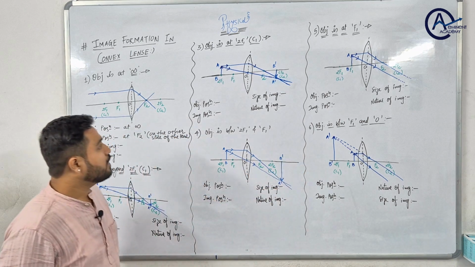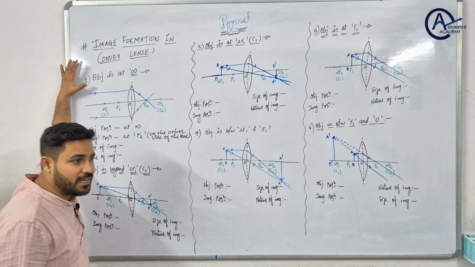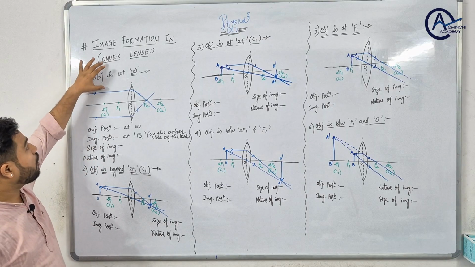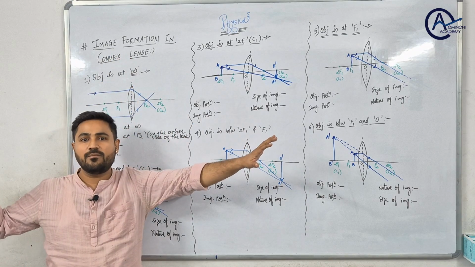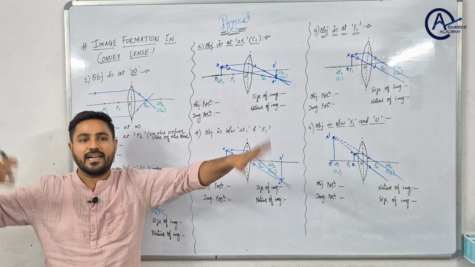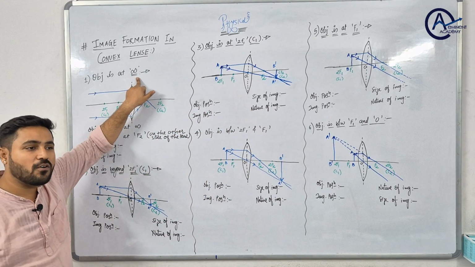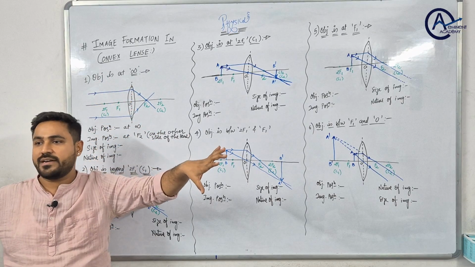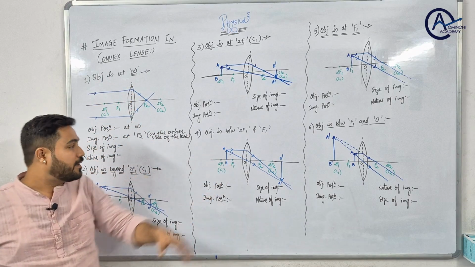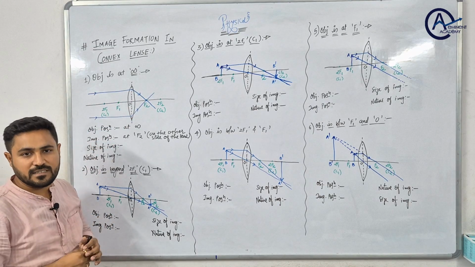So let us discuss the first case of image formation in a convex lens, and that is when the object is kept at a very large, far distance. We can call it infinity. That is, we consider the object at an infinite distance from the lens.